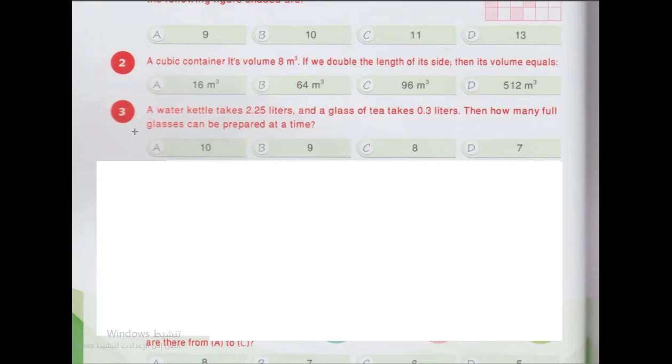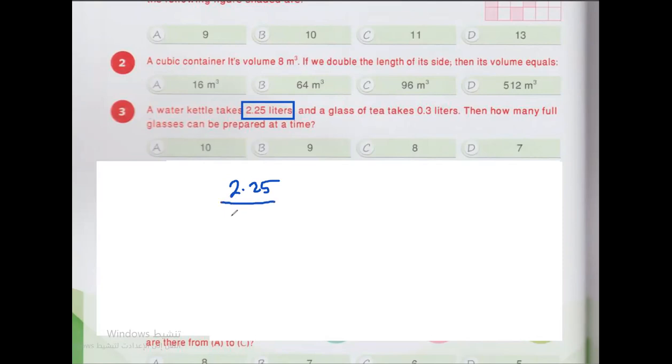A water kettle takes 2.25 liters. Right. I have a water kettle with 2.25. And a glass of tea takes 0.3 liters.